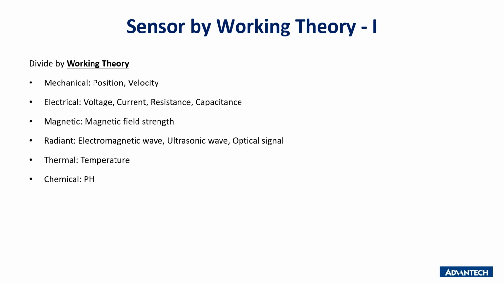Third group is magnetic sensor, it can be used to detect magnetic field strength. Next group is radiant sensor, it can be used to measure electromagnetic wave, ultrasonic wave or optical signal. In the end, there are also thermal sensor and chemical sensor. They can be used to measure temperature and pH signals. Following, I am going to introduce some common sensors from these different groups.